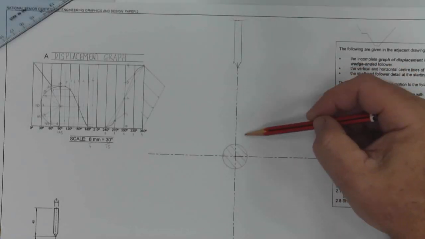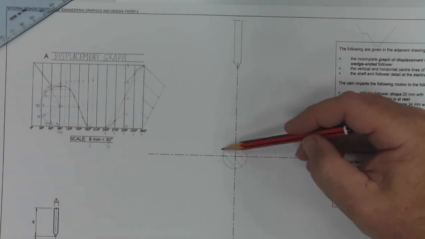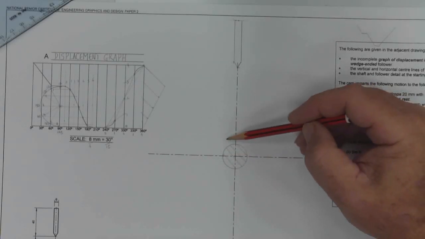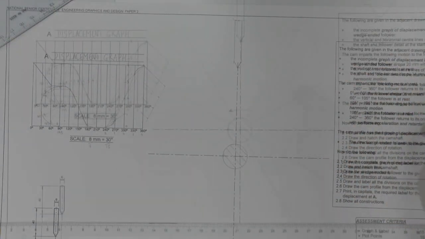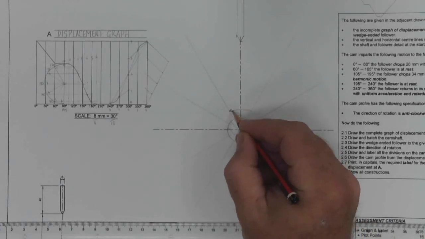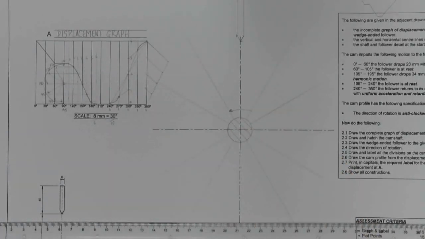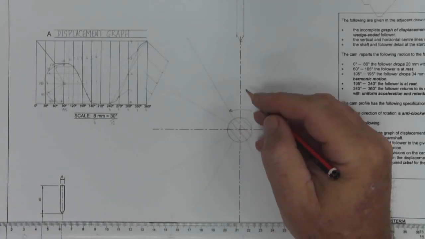I'm going to start putting in my divisions here for all the different points that I'm going to need to do. I'm going to label my direction of rotation as well. Now there are my basic divisions. I've put in my direction of rotation anti-clockwise. Now the important thing when we do the labeling, two things.